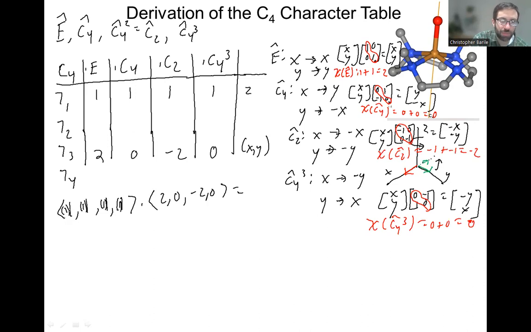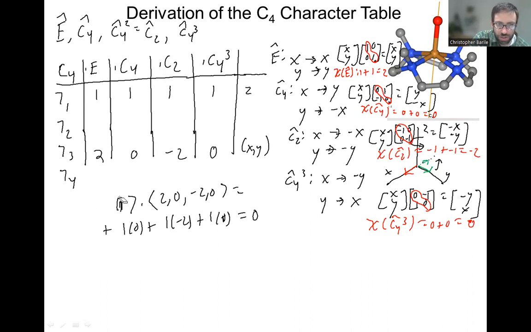But if we take this dot product, we get 1 times 2 plus 1 times 0 plus 1 times -2 plus 1 times 0, which we have two zeros here, and we have 2 and a -2, so we get 0. So we're good. This dot product is equal to 0, so our vectors are orthogonal.